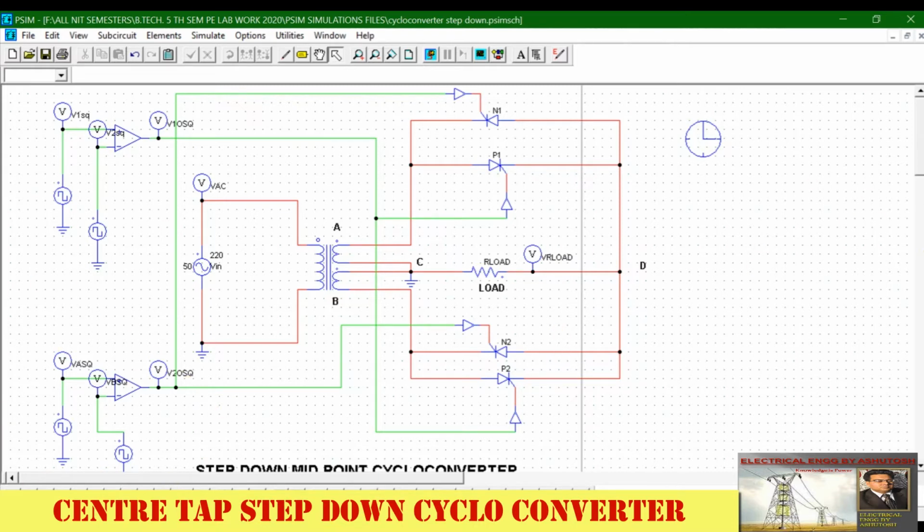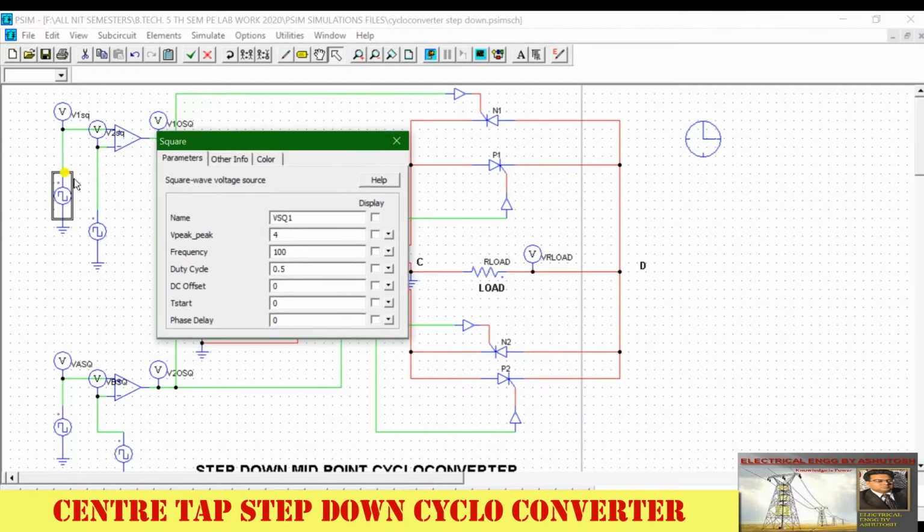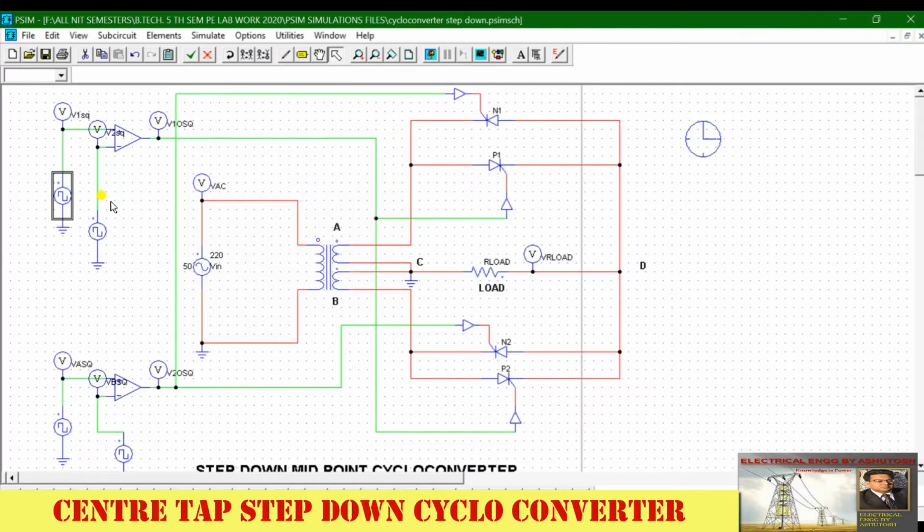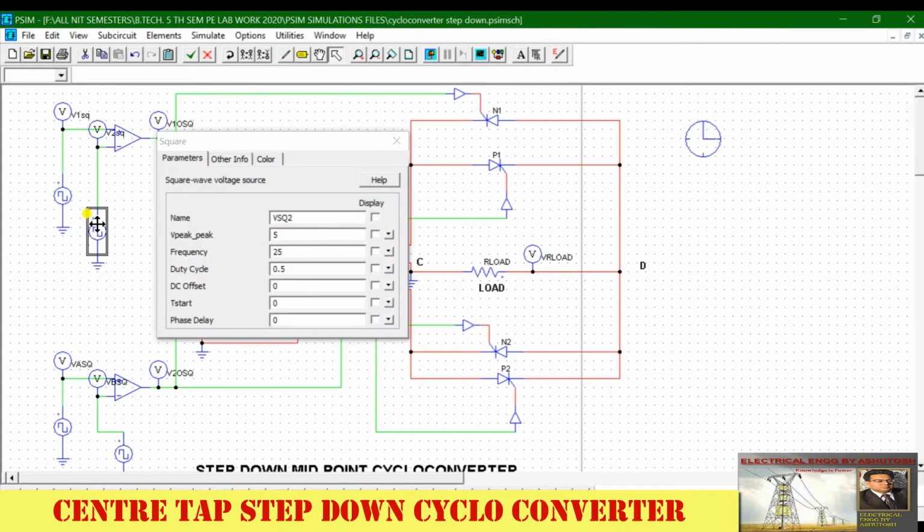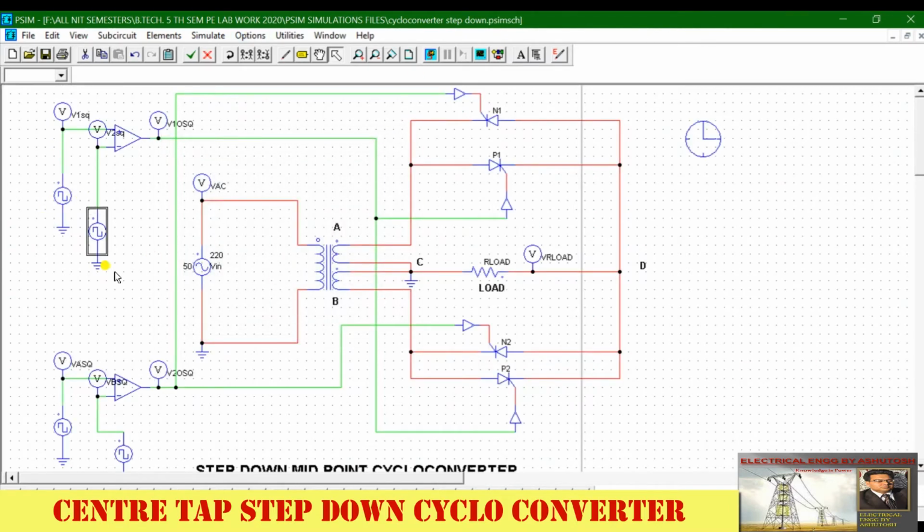So what is happening, you can see. First, let's see the waveform of this square wave generator. For this square wave generator, I have given a peak to peak voltage of 4, frequency set to 100, and duty cycle 0.5. For the second square wave generator, the frequency is reduced to 25 and the duty cycle is the same.